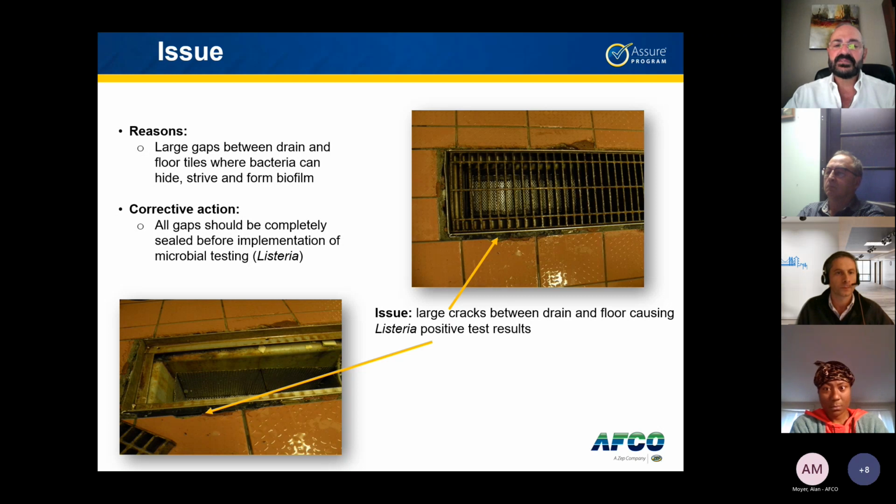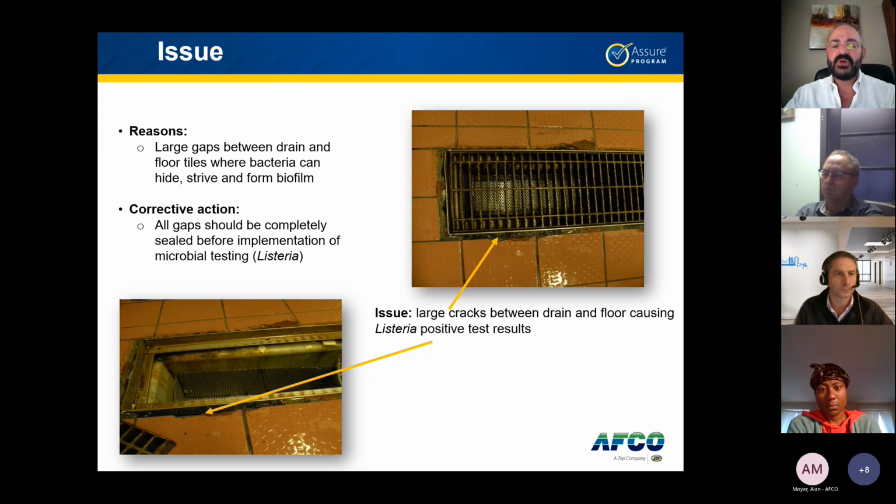They are wondering, in these drains, why do we have listeria in there? I mean, look at the cracks in there. No matter how clean the floors are, with these cracks we have water, food particles, food, and bacteria all the time. Before you clean anything, before you apply any detergents and do any remediation or solving the problem of listeria, you have to fix the drains. You can't have cracks like this between the drains and the floors.